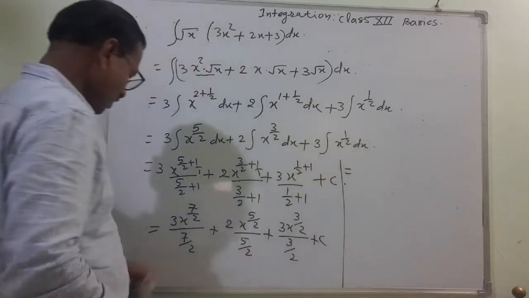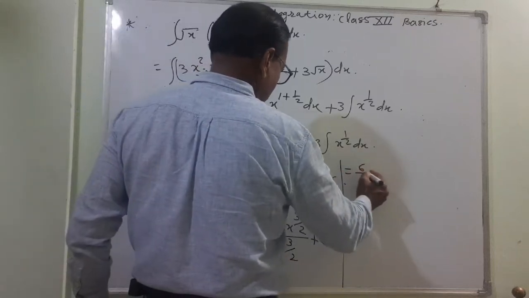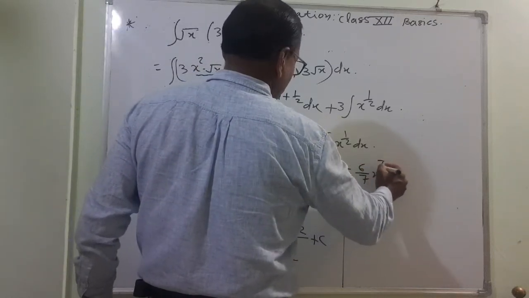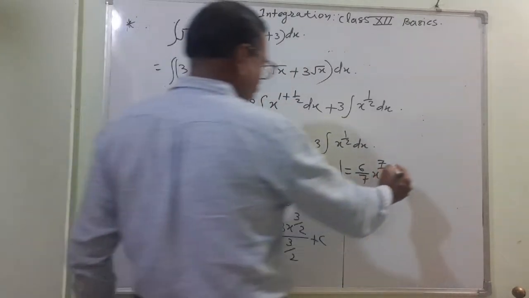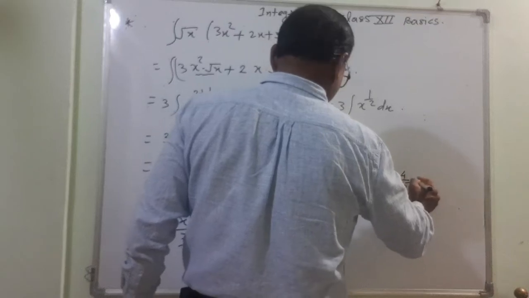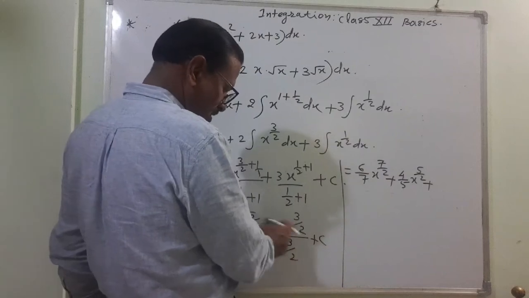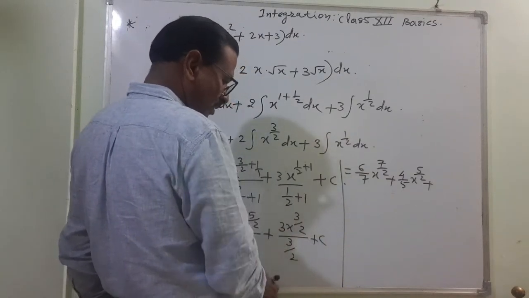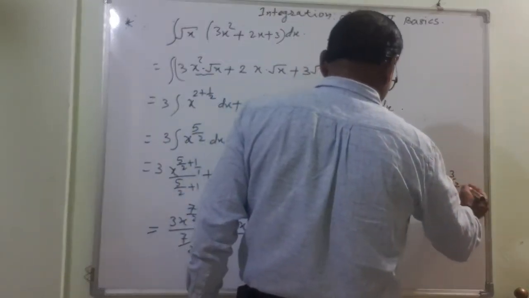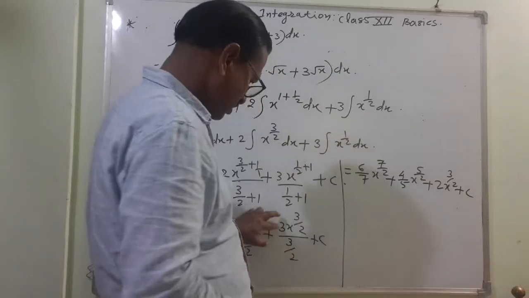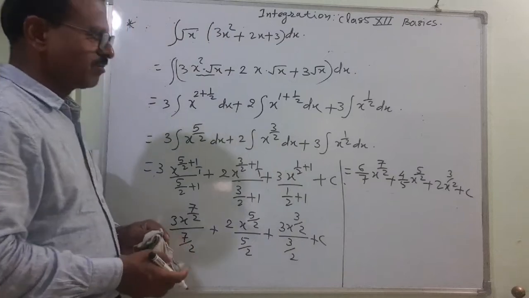That is equal to, this 2 will go up, 3 into 2 is 6 upon 7, x raised to 7 upon 2, plus this 2 will go up, 2 into 2 is 4, 4 upon 5, x raised to 5 upon 2, plus this 2 will go up, 3 into 2 is 6, 6 upon 3, that is 3 will get cancelled, and 2, x raised to 3 by 2, plus c. Note this is 3 into 2 upon 3, 3 cut, 2 will remain. So this way this question will be solved.